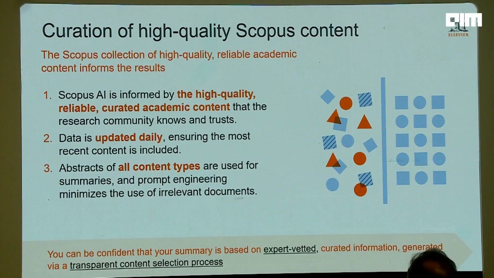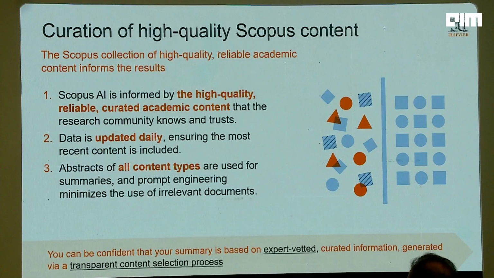We have curated academic content that is trusted by the whole research community because it is peer reviewed, and we have a lot of content with us. The second is that it is updated on a daily basis. We talk about a scale of millions of papers published across disciplines to our system every year. And the next is the abstracts.